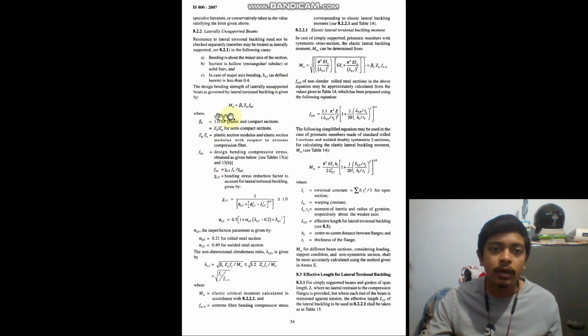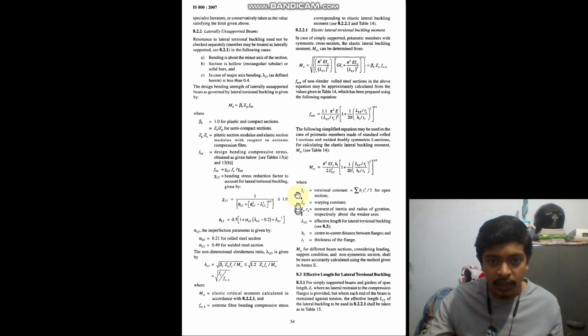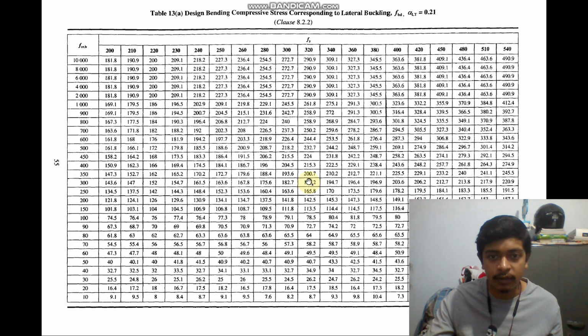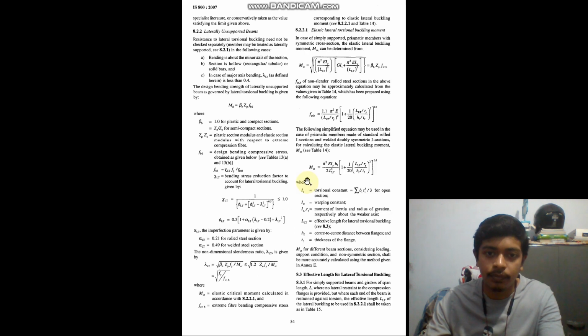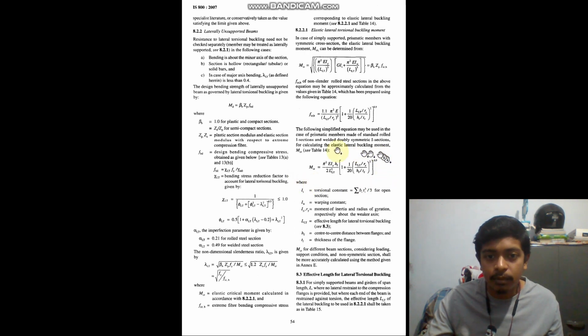All right. So here the expression is given for how to calculate the moment in case of laterally unsupported beam. It's a long procedure, where you have to calculate upside down. Start by finding MCR. What is MCR? MCR is the elastic critical moment as calculated here.